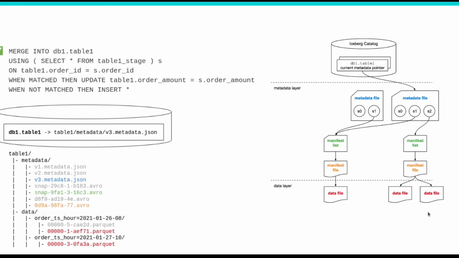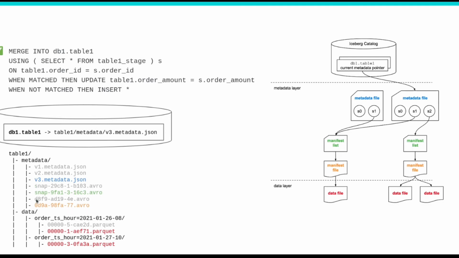Then once it's done writing any new data files, and again, it'll only write for the new data, so it'll use the old data files for the existing data, it then rewrites manifests. So any new manifests that need to be created get created. And then a new manifest list for that snapshot that will list any manifests that apply to that snapshot, and then create a new metadata file that covers that snapshot and the previous snapshots.